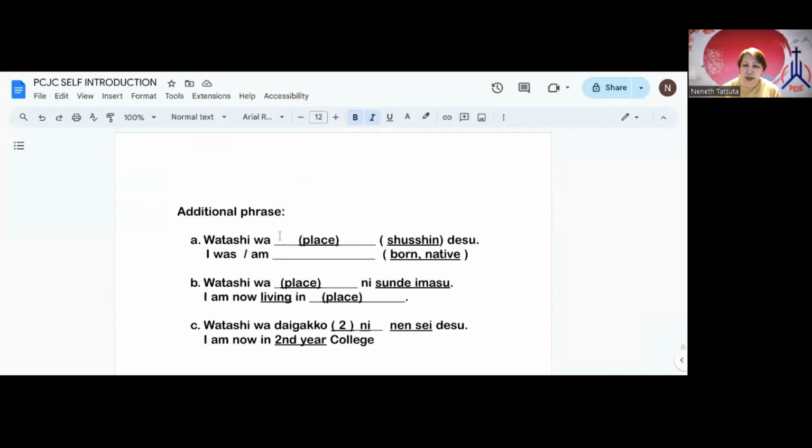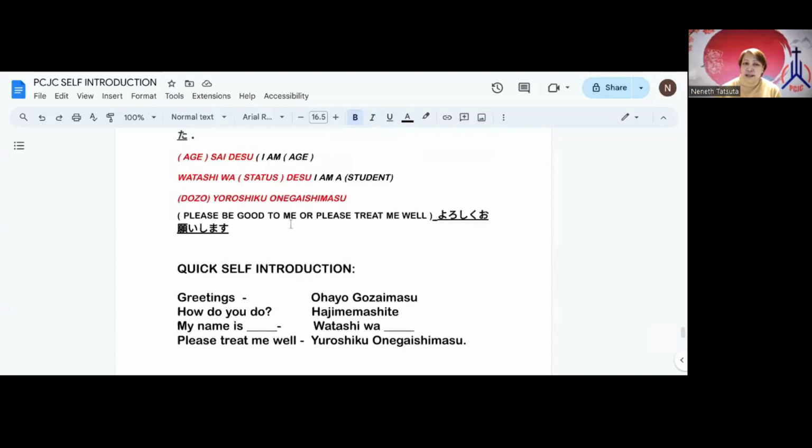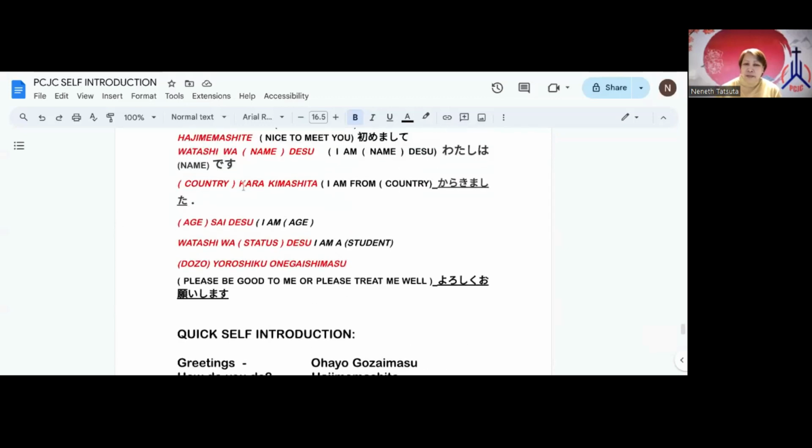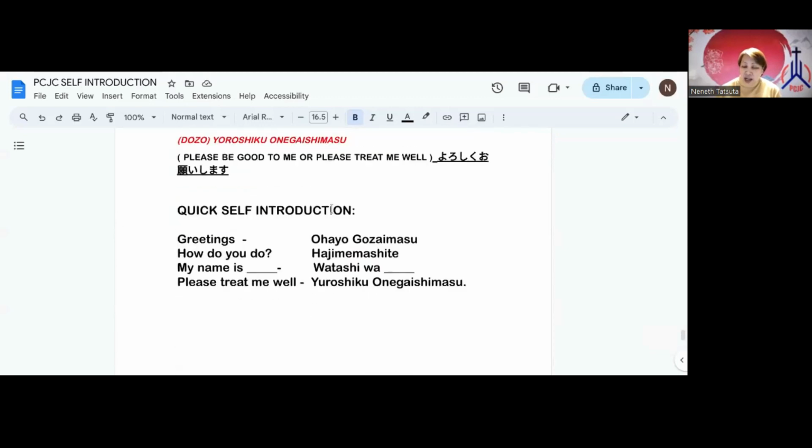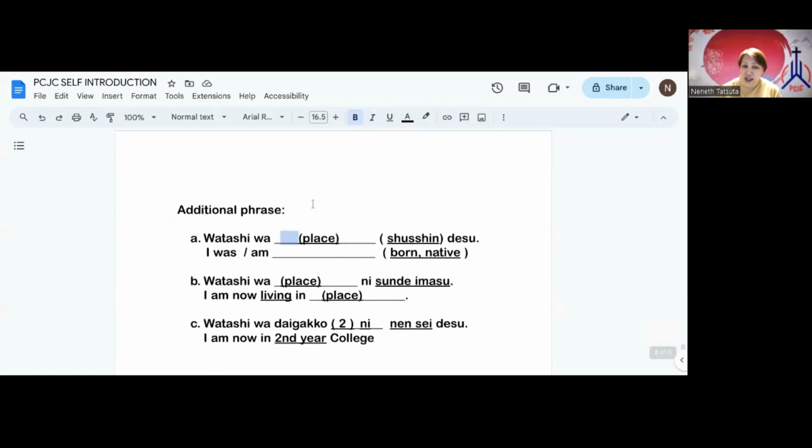For example, Lahore shushin desu. It means I was born in, or I am a native of, Lahore. You can add that. Pakistan kara kimashita, Lahore shushin desu. Or Lahore shushin desu, Pakistan kara kimashita. Which one is also good.